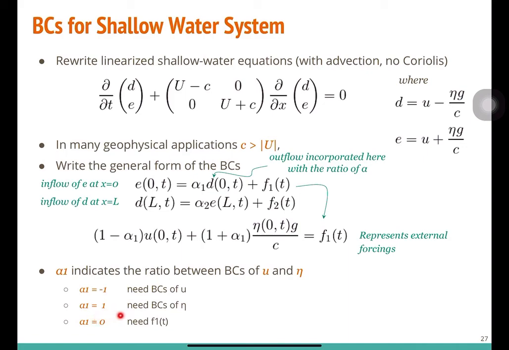And if it's 0, then we need this one instead. We can put this back into the equation and find out the boundary condition we need. This could represent the data from the outer domain or the lower resolution domain.